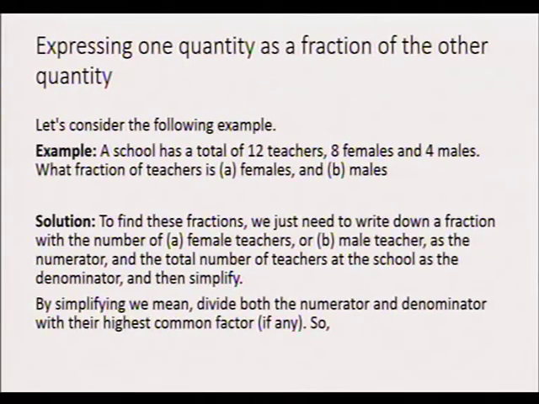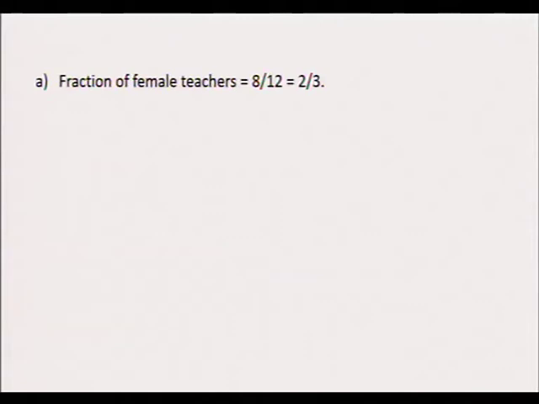So what we have therefore is that the fraction of female teachers will be 8 over 12, because 8 is the number of female teachers in the school, and 12 is the total number of teachers in the school. Now, if you look at 8 over 12, 8 and 12 have a common factor, which in this case is 4.